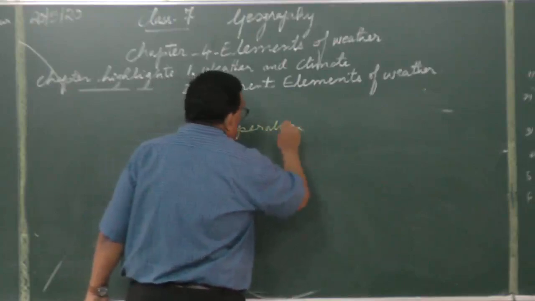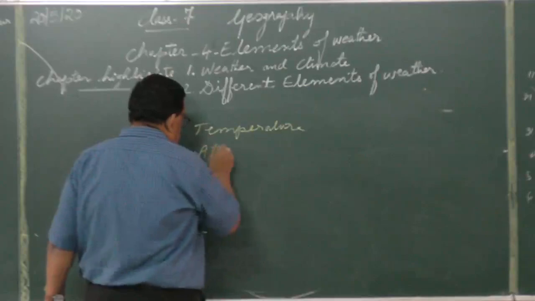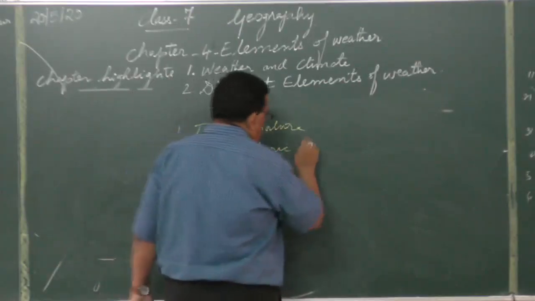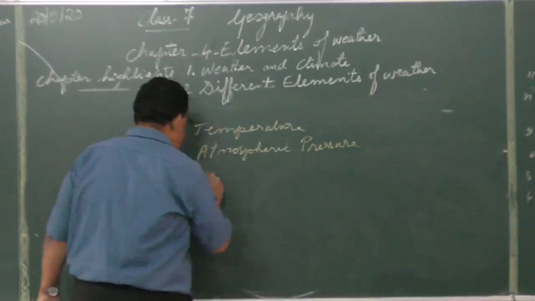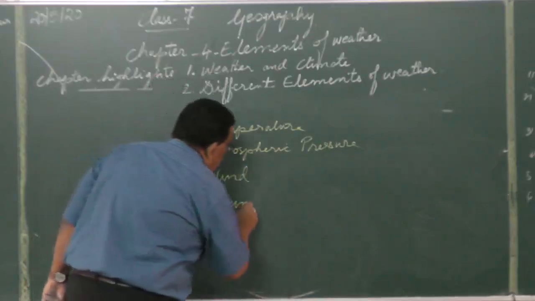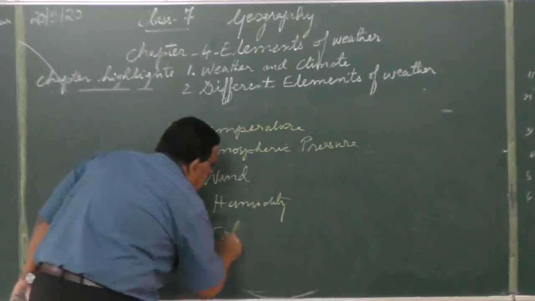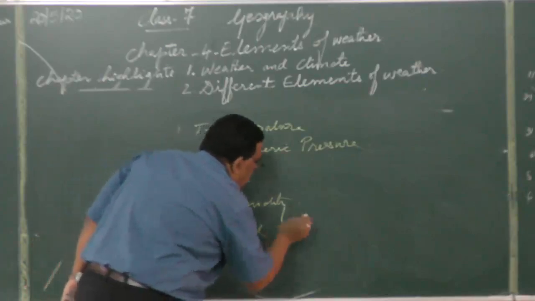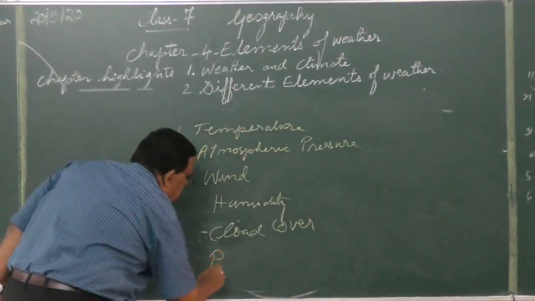Temperature, then you got atmospheric pressure, then you got wind, then you got humidity, then you got cloud cover, and you got precipitation.